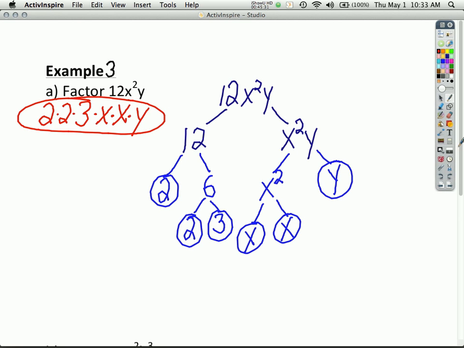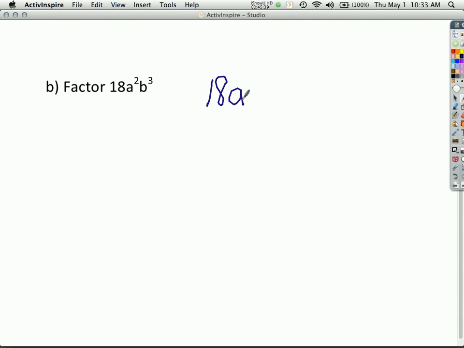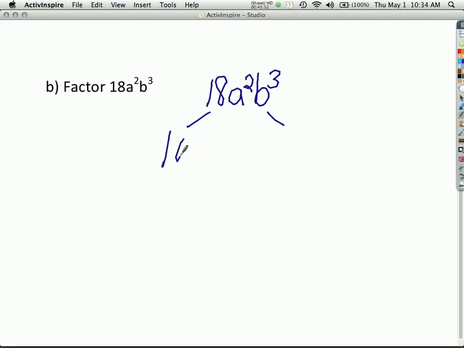All right, so let's up the level of complexity a little bit. And let's try to factor 18a squared b to the third. So, we start out, we split the number from the variables.